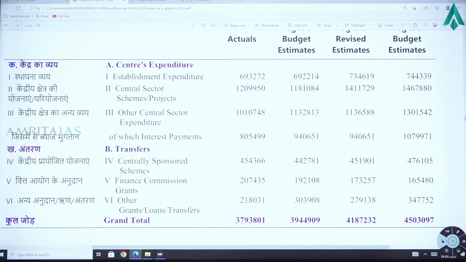That means after transfers, after interest payment, your revenue receipts are not even sufficient for your established expenditure. Forget about capital. That is why they are taking a loan worth 17 lakh crore to meet the established expenditure and to go for the capital expenditure. Okay. So this is how the transfers happen.